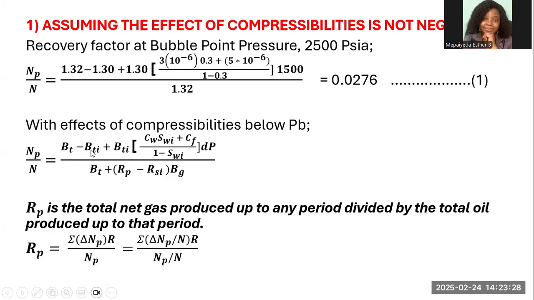So we have to estimate our RP. And RP is the summation of the NP multiplied by R divided by NP.